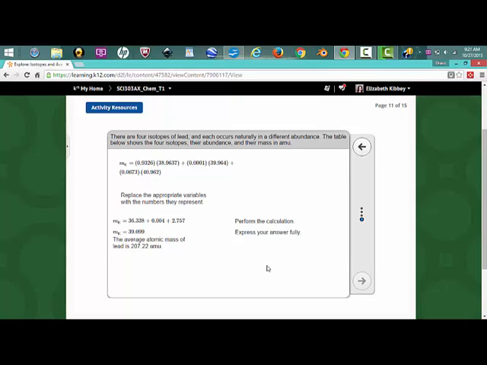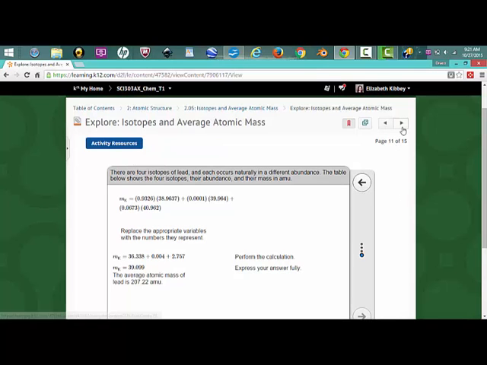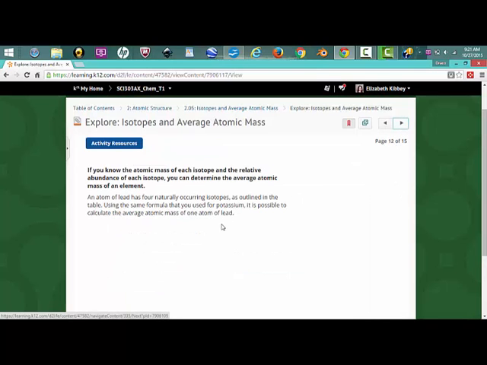Mass K equals 36.338 plus 0.004 plus 2.757. Mass K equals 39.099. The average atomic mass of potassium is 39.099. If you know the atomic mass of each isotope and the relative abundance of each isotope, you can determine the average atomic mass of an element.